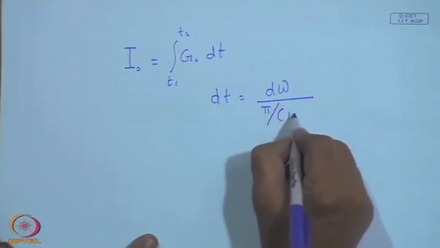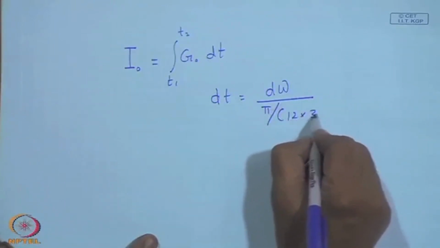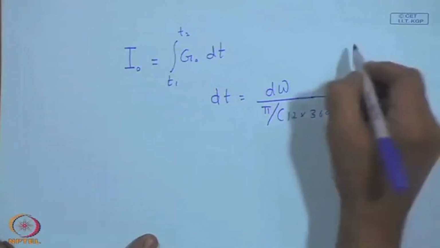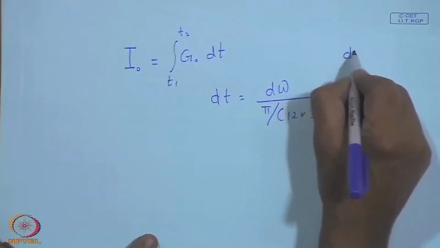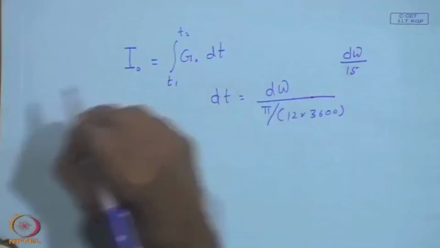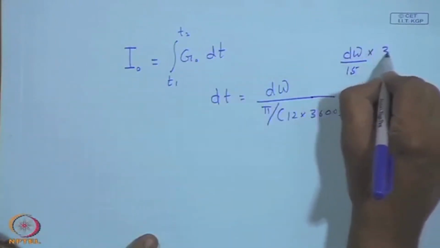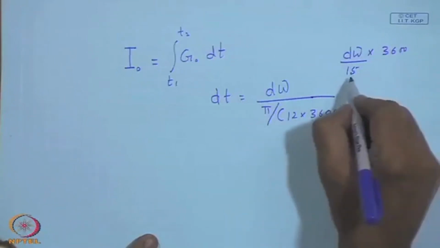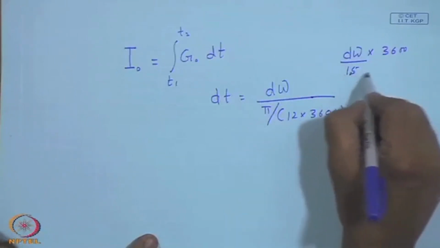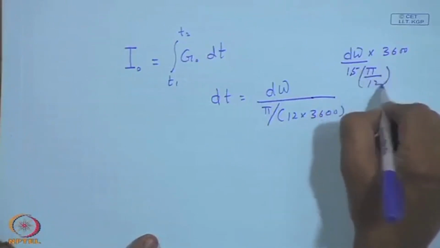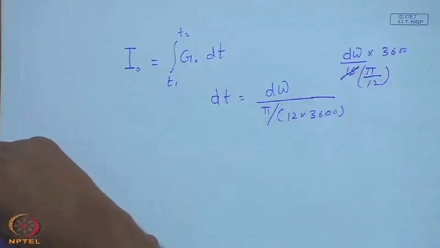Actually, it is more easy if you say that d omega by 15 is the number of hours, multiplied by 3600 is seconds, and 15 degrees is nothing but pi by 12 radians.